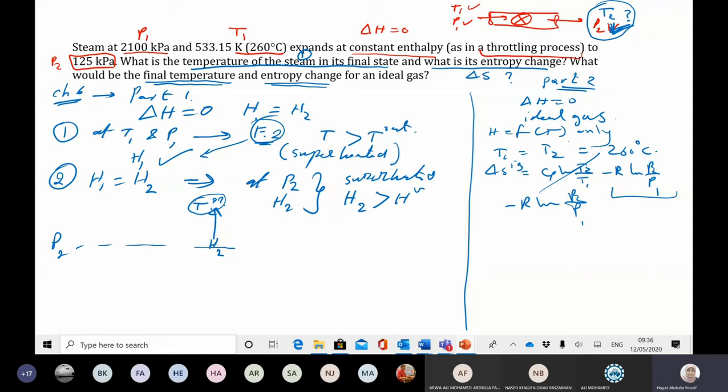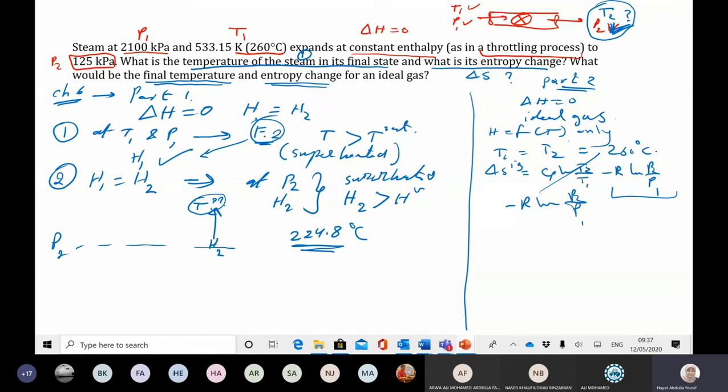I think, according to what is given here, you will find that the final temperature is 224.8 degrees. Probably you will need to do interpolation, so I will leave that to you. Make sure that you can get the correct values from the thermodynamic tables.